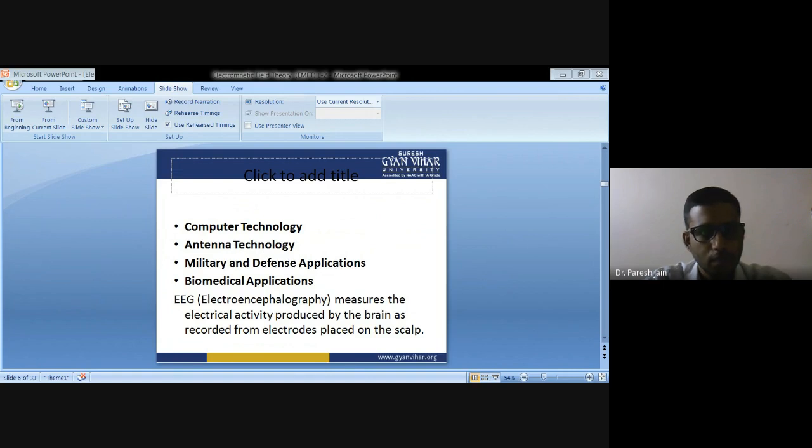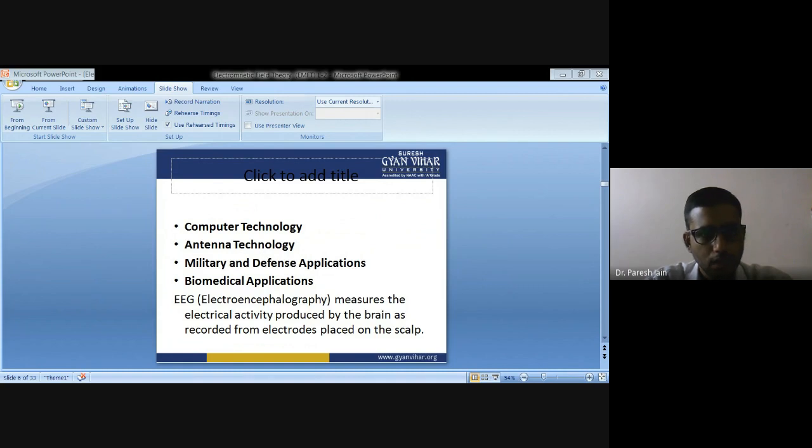The next application is the biomedical application. EM waves are used to burn some tissues, such as fat and fibroglandular tissues, and malignant tumors.